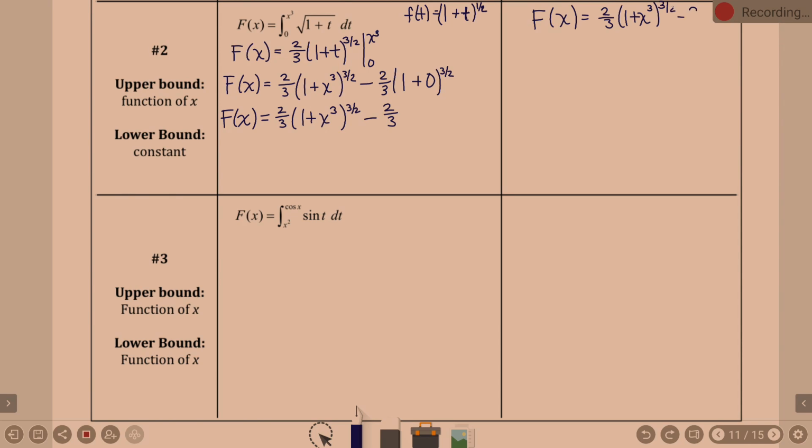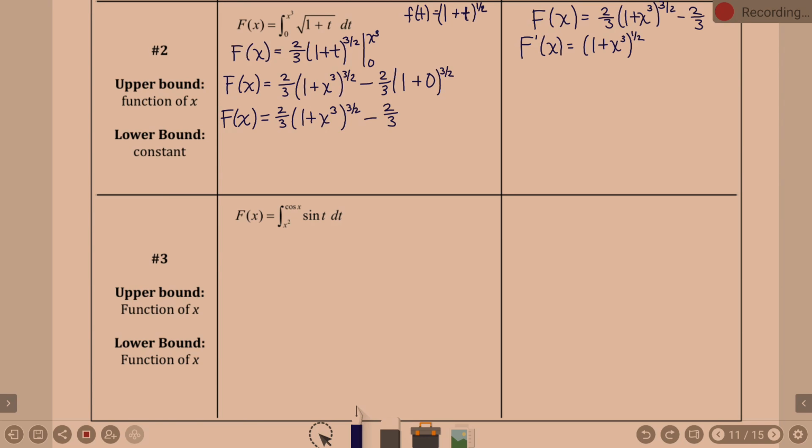Okay, let's derive F prime of x. 3/2, multiply out front by 2/3. 3/2 times 2/3 is 1, cancels. Then 1 plus x cubed raised to the 3/2 minus 1 is 1/2. And then you have to do the derivative of the inside, chain rule.